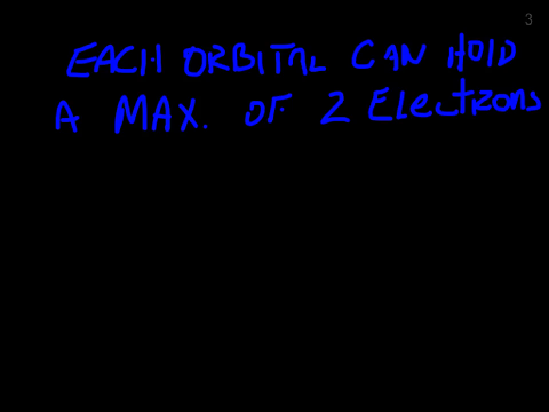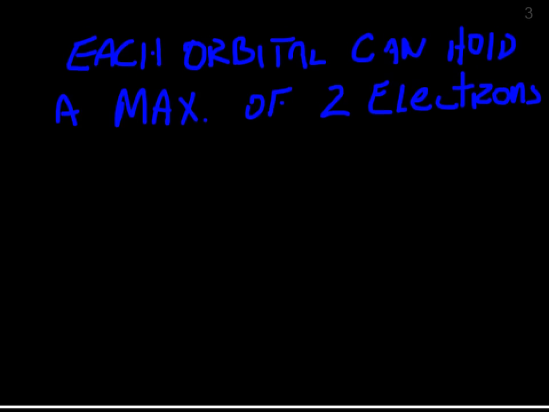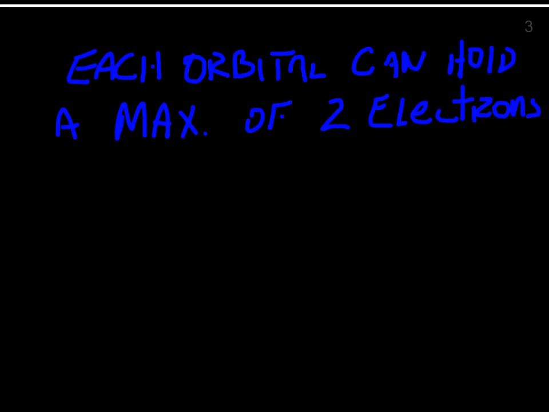So let me just give you a picture of what an S sublevel and its orbital is going to look like. Here's an S sublevel. Since the sublevel is S, there's going to be one orbital.